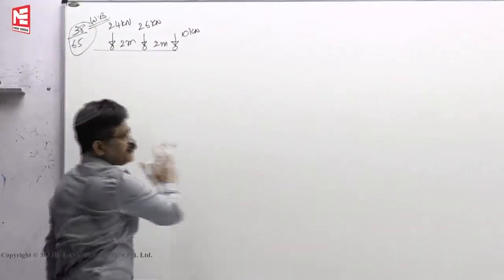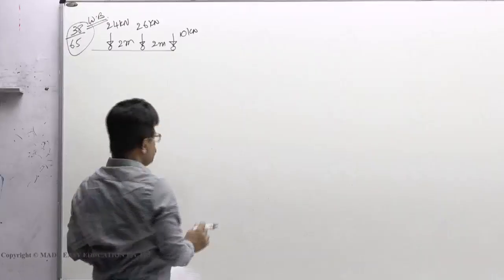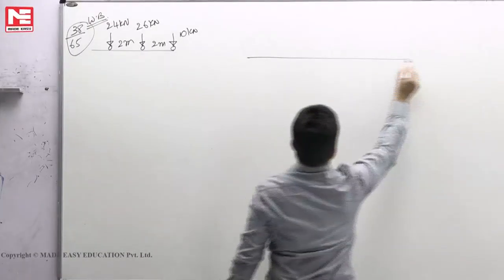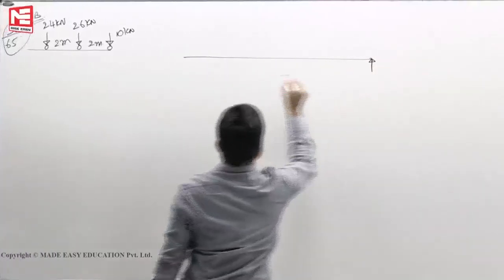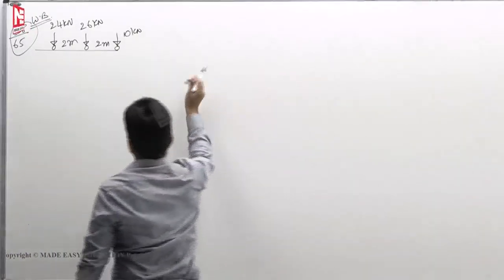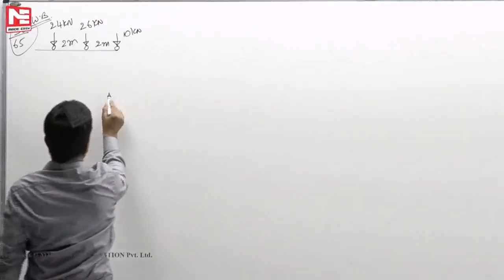They are moving from left to right on a simply supported beam of span 20 meters. This is the span, 20 meters. He has given it itself. We'll write here.